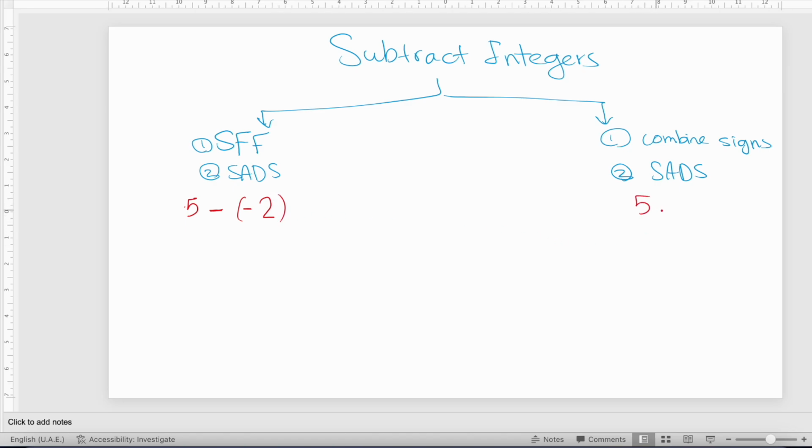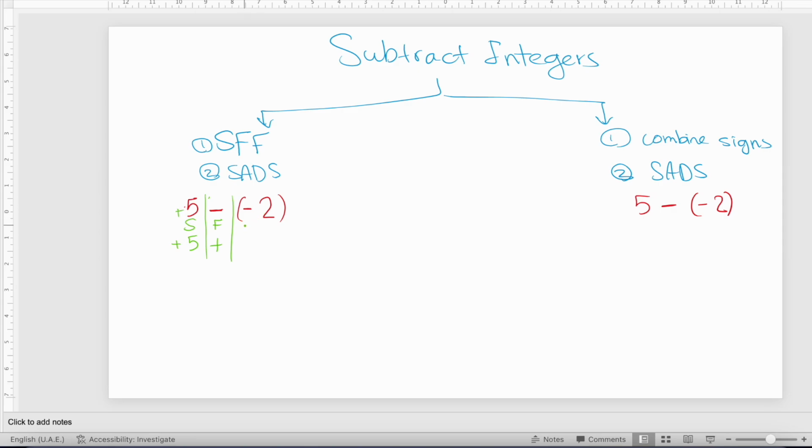Again, I have two main methods. I'll do it first with same flip. Same flip says that since you have subtraction in the middle, you will apply same, keep the 5 the same. It was positive, just keep it +5. Flip the negative into positive.